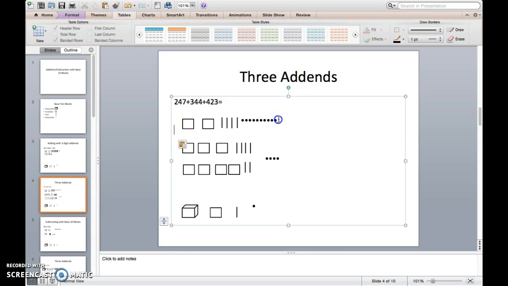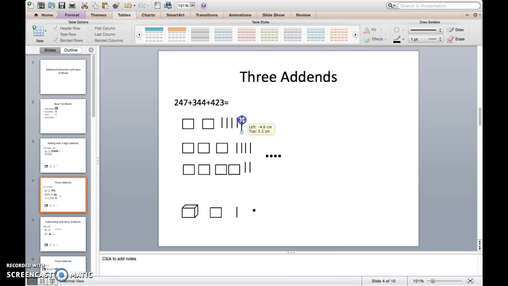That will make a 10, so I can delete this, same as carrying a 1, and I will duplicate a 10 line to add here. 3 and 4 and 7 would be 7 and 7, and 7 and 7 is 14, so in the units place I would have 4, and I would carry a 1 to create another 10.